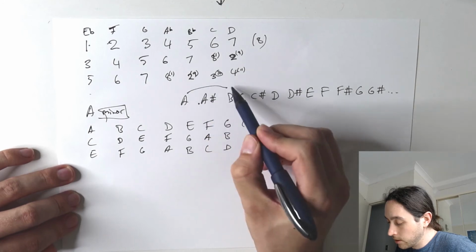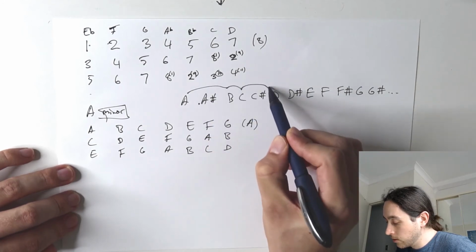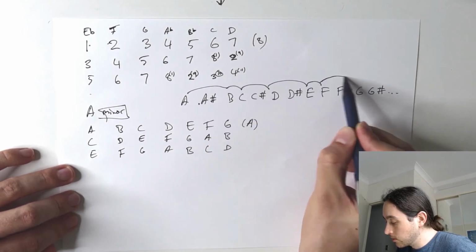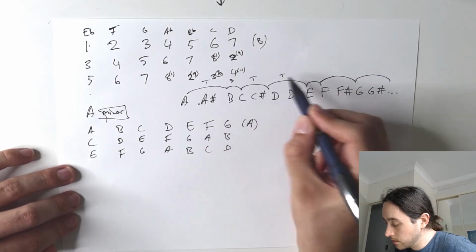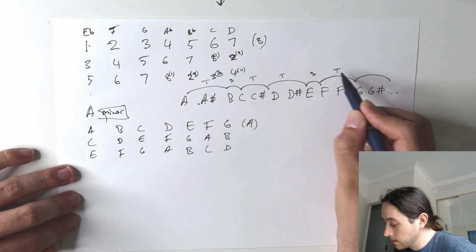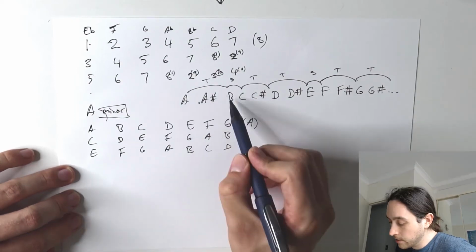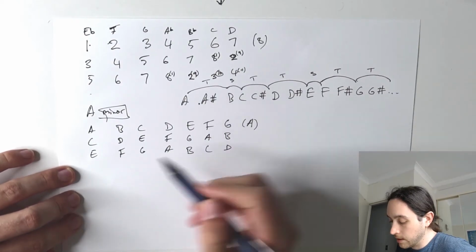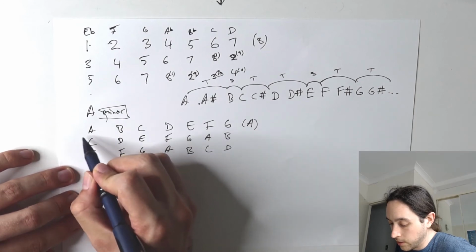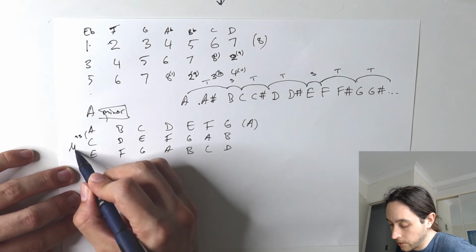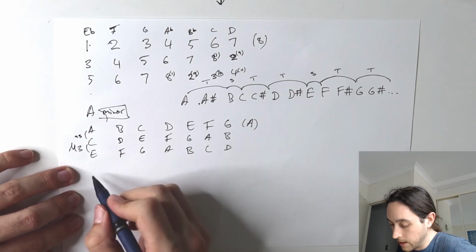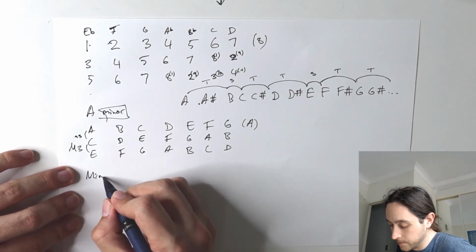So we've got a tone, semitone, tone, tone, semitone, tone, and then tone. T, S, T, T, S, T, T. A to B is a tone, B to C is a semitone. So we've got a minor third here, and we've got a major third here. So that makes a minor chord.